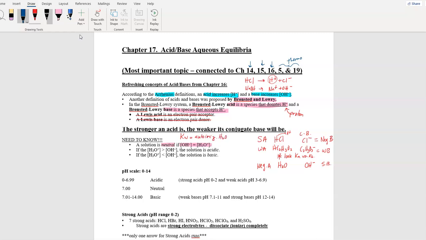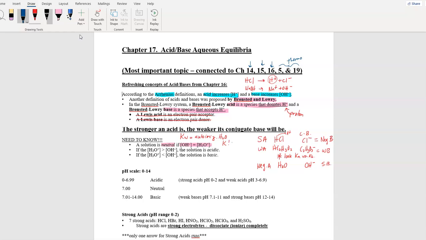One question I asked on the Chapter 16 test, and I was really curious to see what you guys would put, asked which of the facts about Kw is false. If it actually has a K, that should tell you something, ladies and gentlemen, about the strength of it.